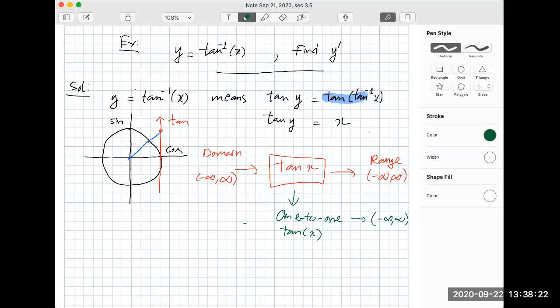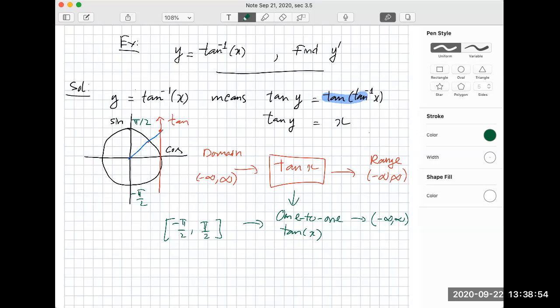So where is the domain of the one-to-one function of tan? We know that any angle between negative pi over 2 and pi over 2 will cover all the range from negative infinity to infinity. You see it in the graph here?